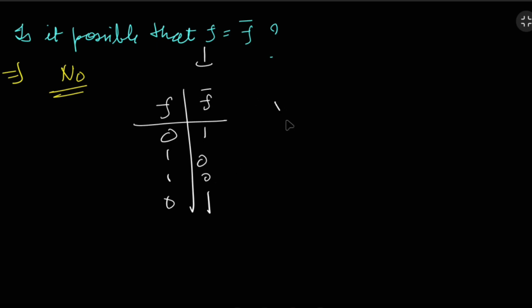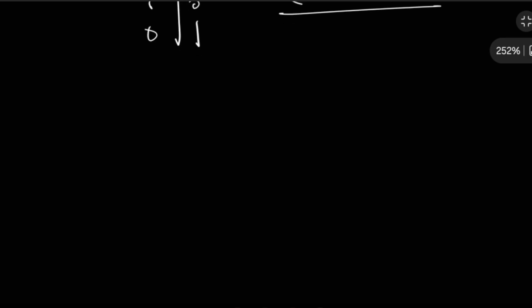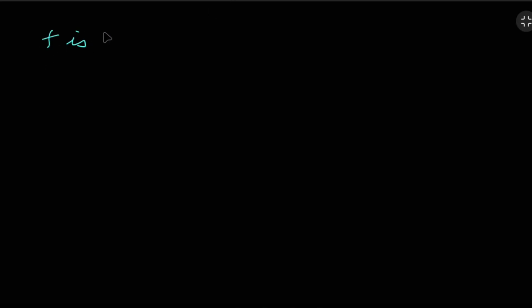You can never make them same. If your f is 1, then your complement will be 0. They can never be the same, right? So the answer is no, not possible. They are never same. So we can say that f is never equal to f complement.